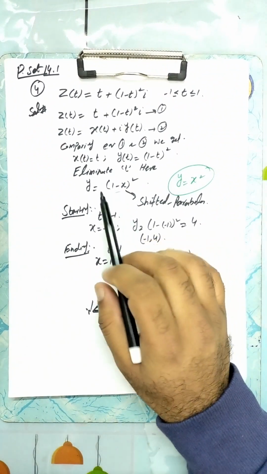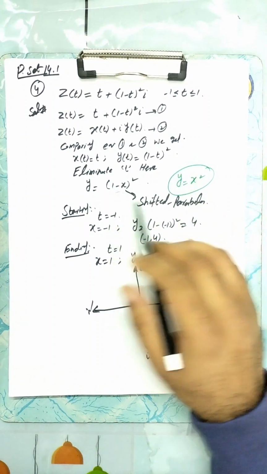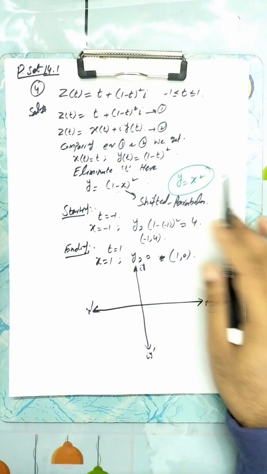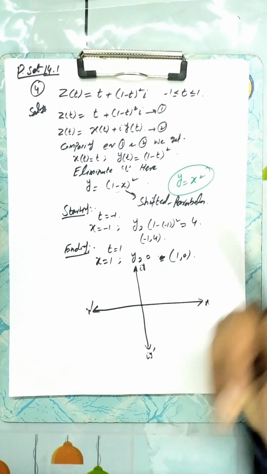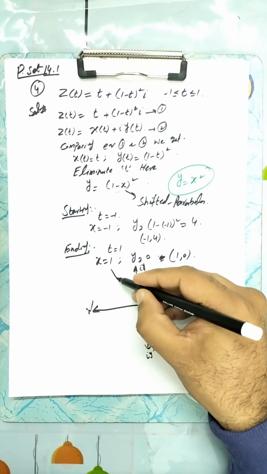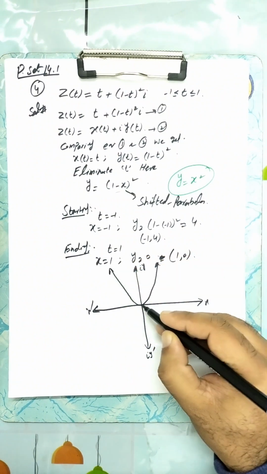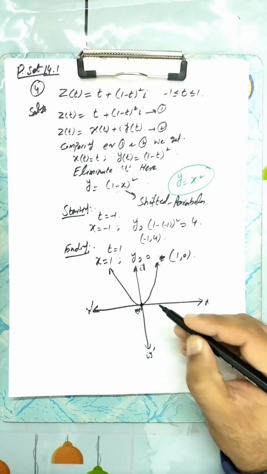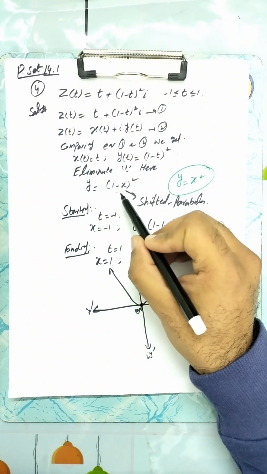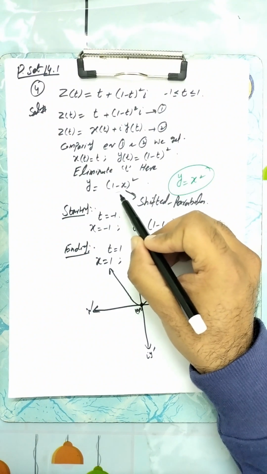If this curve were y = x², it would be a parabola passing through the origin (0, 0). But our parabola is shifted along the x-axis, because the change is in x.